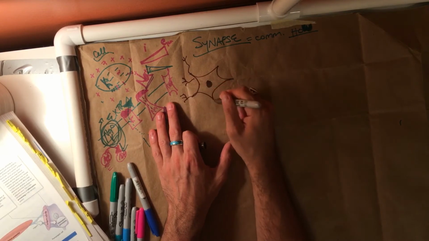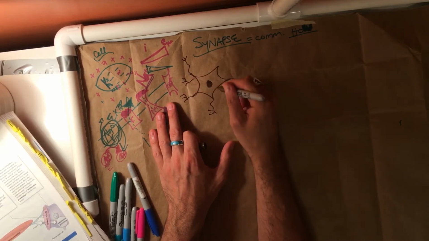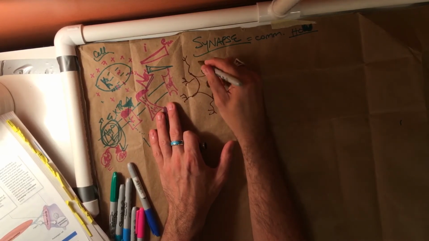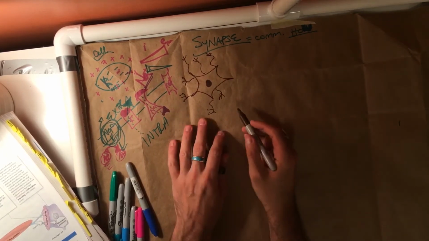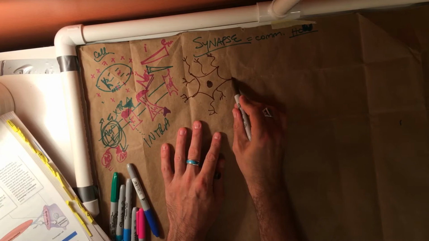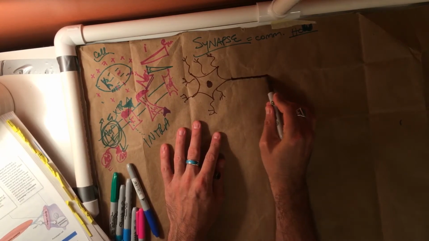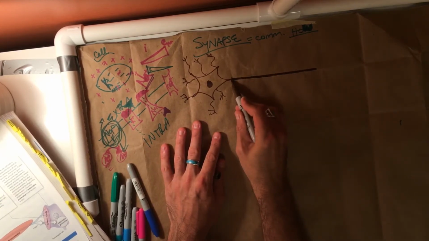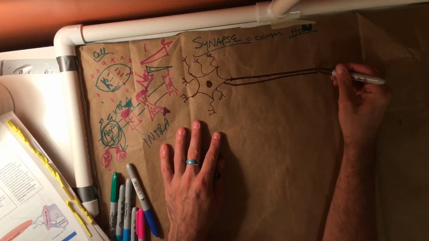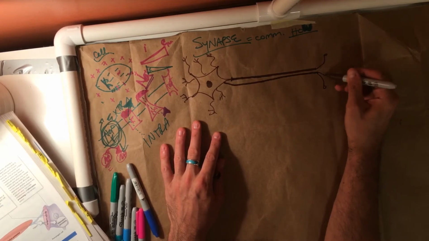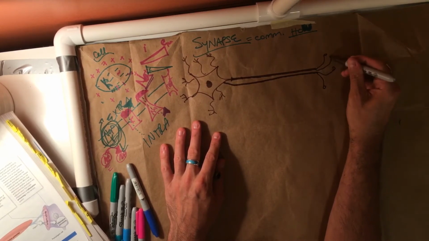By the way, not some, but hundreds, sometimes thousands, of dendrites. It's a long axon. And then on this end of the nerve, we've got these axon terminals, which are the very ends.